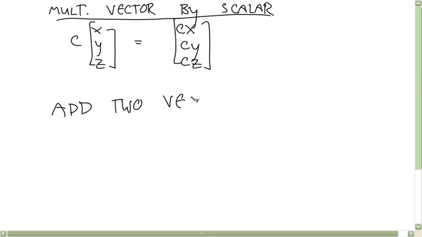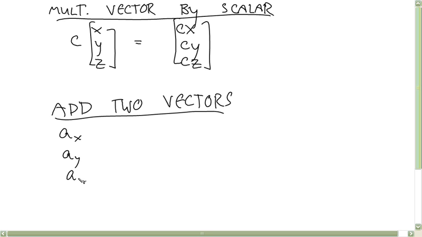To add two vectors, let's call it Ax, Ay, Az, and add that to Bx, By, Bz.